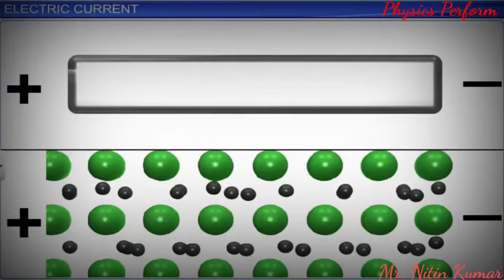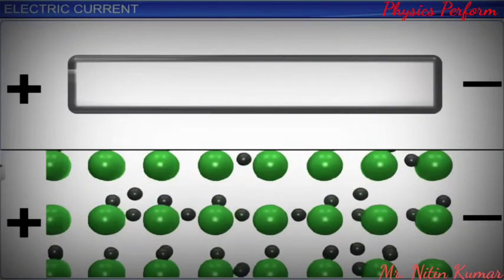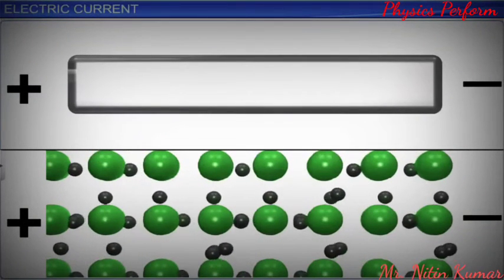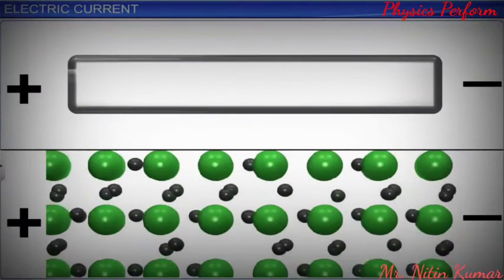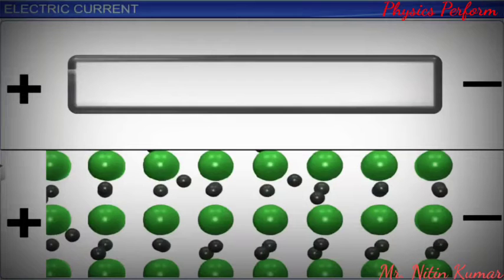When an electric field is applied across metallic objects, an electric current develops in them due to the unidirectional flow of these free electrons. Therefore, metals are called conductors.